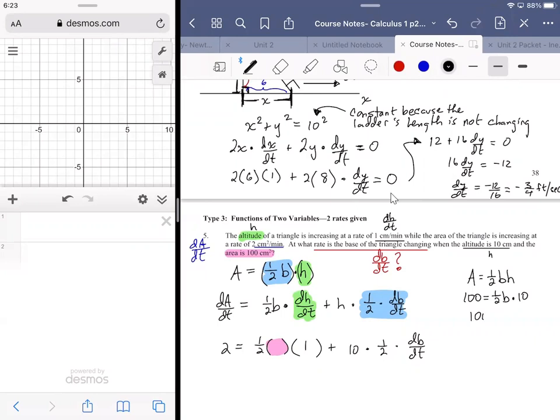So 100 is equal to 5b, making b equal to 20. So indirectly, they gave us the base. We just had to take the time to figure it out. So I pop in a 20 there, and we're looking at 2 is equal to 10 plus 5 times dB/dt.